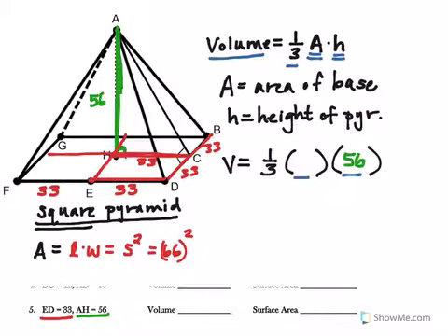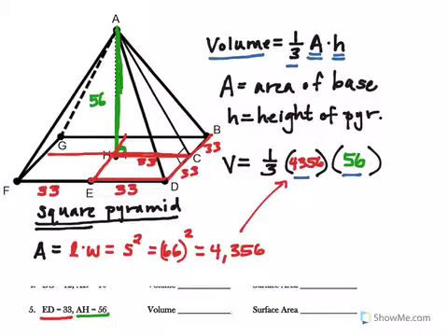So 66, when we square that, is going to be equal to 4,356, which we can just plug into our formula. So we would plug in 4,356, and we would multiply that by 56 and divide that by 3, or multiply by 1/3.